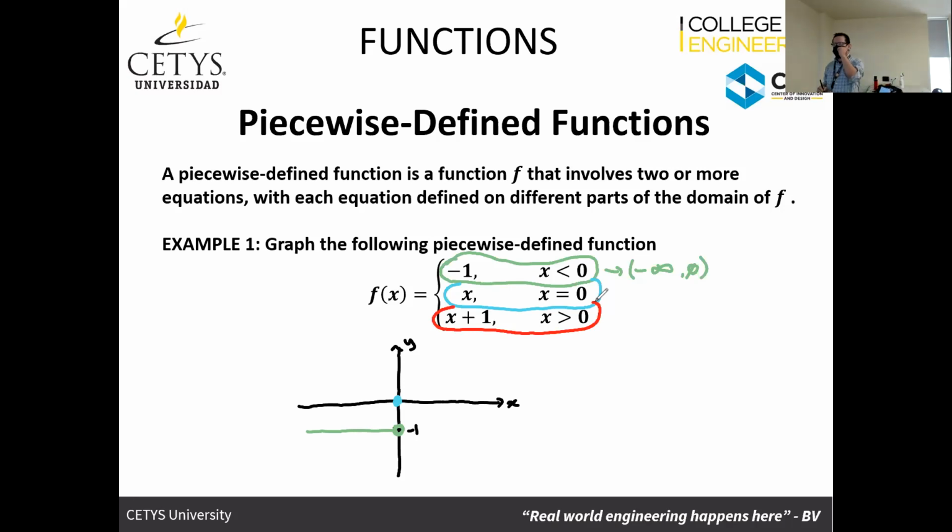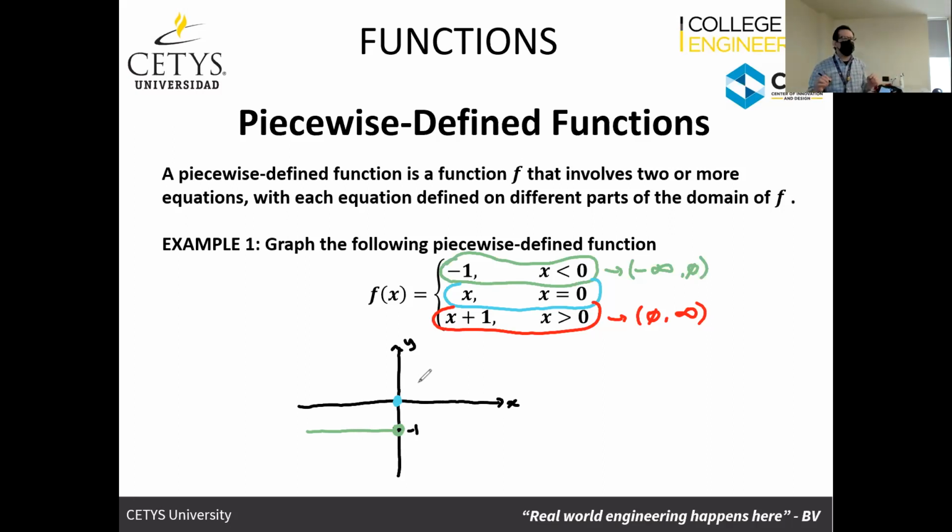And this means that the function is gonna be x plus 1 when x is larger than 0. X being larger than 0 means from 0 to infinite without including the 0. Now, I'm gonna do this in sections, okay? The graph for x plus 1, I hope everybody identifies that it's the line.